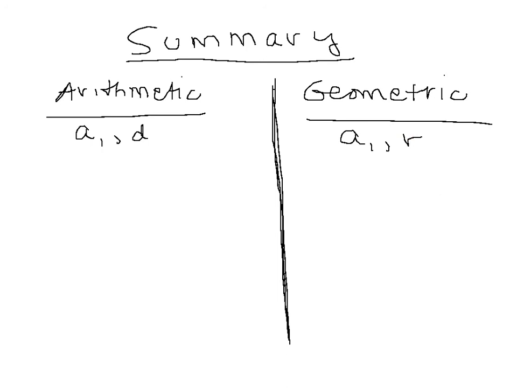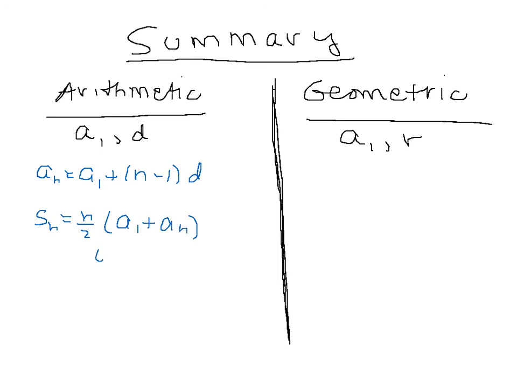So our formulas are that the nth term is equal to the first term plus n minus 1 times d, and my formula for the sum of the first n terms is n over 2 times a sub 1 plus a sub n, or we could also write that as n over 2 times a sub 1 plus what a sub n is, which is a sub 1 plus n minus 1 times d. Okay, so those are the formulas for the arithmetic world.